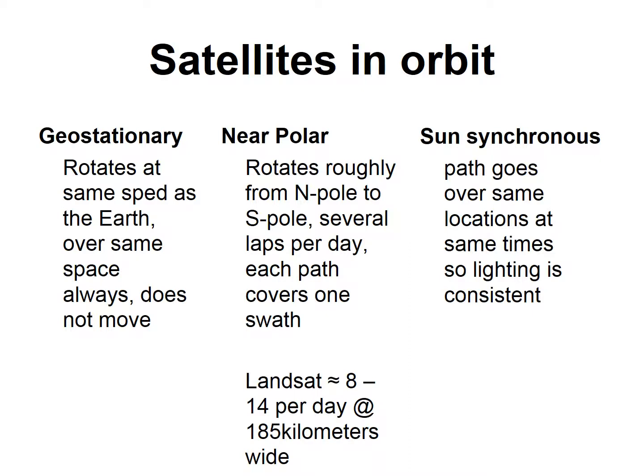For example, some satellites have geostationary orbits, some have near polar orbits, and some have sun-synchronous orbits. When we have ones that have a geostationary orbit, it means it rotates at the same speed as the Earth, and so effectively, if you can identify its location in the sky, it stays fixed.